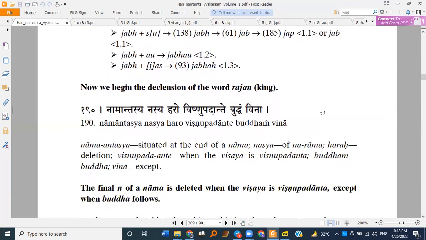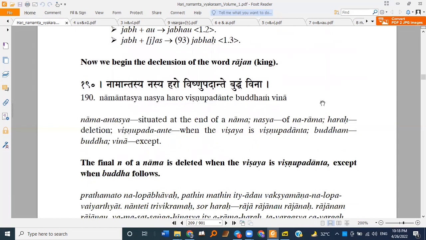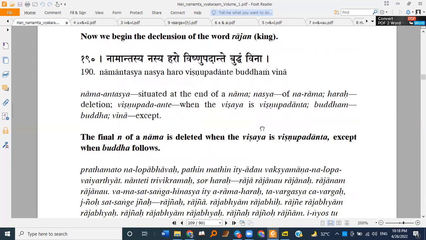Okay, next is the word Rajan. Hey Rajan. So namantasya nasya haro Vishnu Vedante Buddhamina. The final na of a nama is deleted when the Vishaya is Vishnu Vedanta, except when Buddha follows.